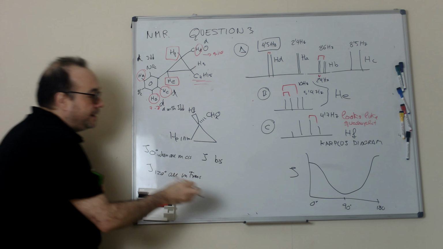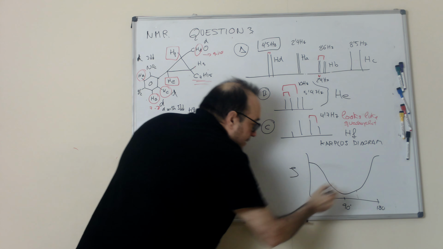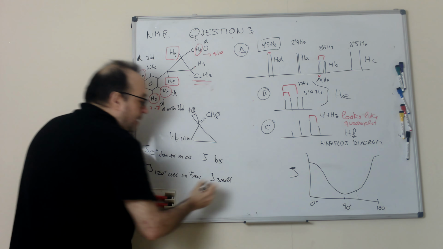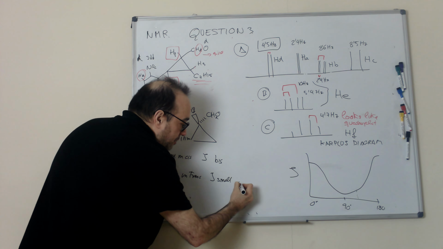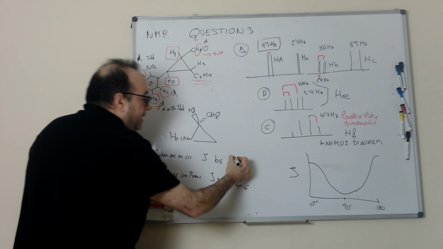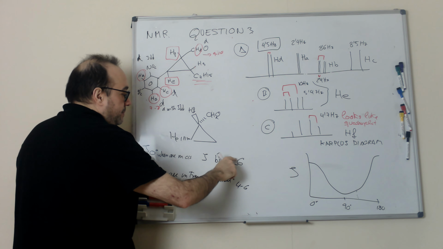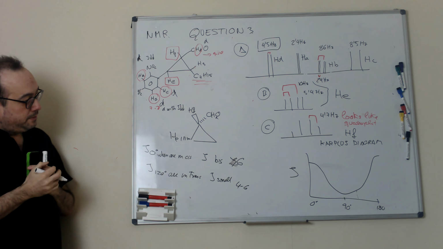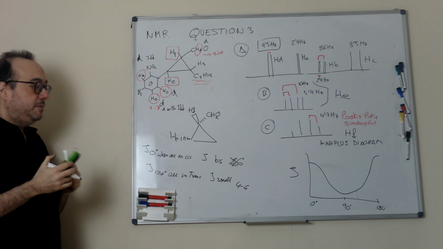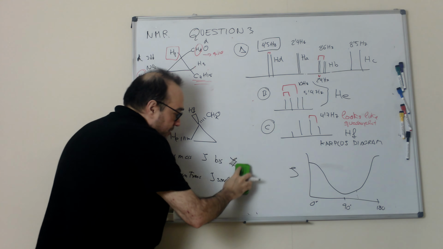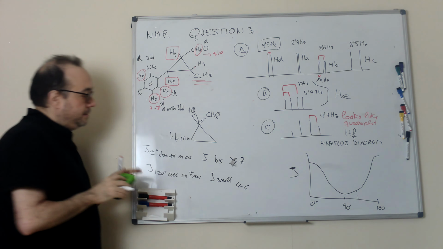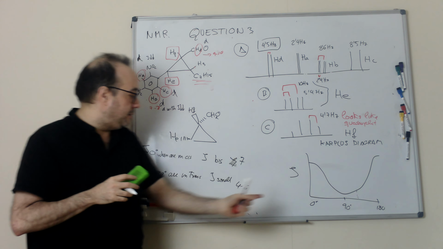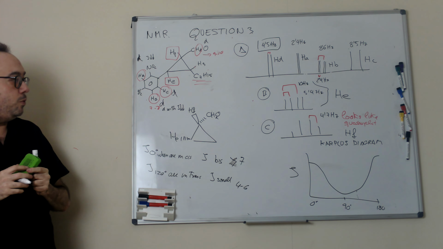But when it's 120, the coupling constant has to be quite small. I would say that in this situation it will be 4 to 6, and here it will be more than 6. This is very general, it has to be more than 7, but okay. When the angle is 0, the J has to be bigger than when the angle is 120.